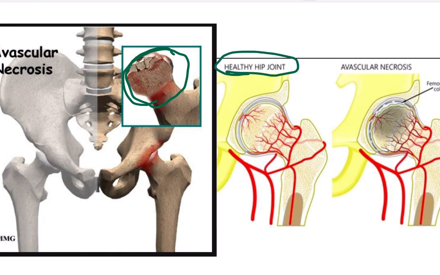In a normal hip joint, the medial and lateral circumflex femoral arteries give the retinacular branch to the femoral head, and by this retinacular branch the femoral head gets its blood supply. But when there is ischemia in the vessel, or the supply of this vessel is cut, then what occurs?